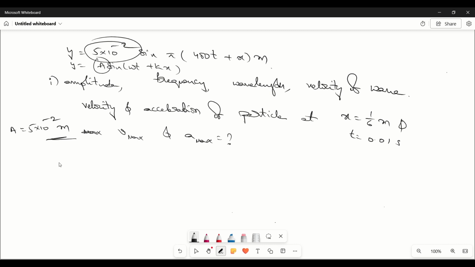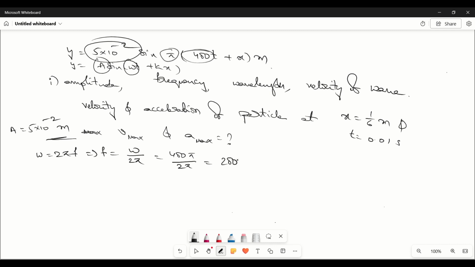Now we have to find out the wavelength. When we compare this k with this pi, we have k is equal to 2 pi by lambda, then lambda equal to 2 pi by k, where the value of k is pi. So 2 pi by pi gets cancelled, so we get 2 meters.